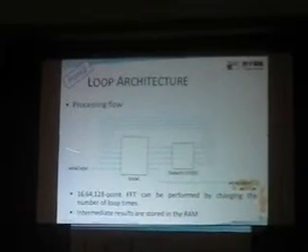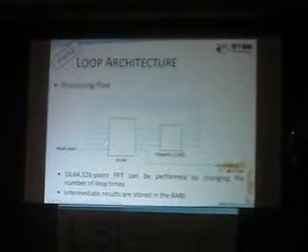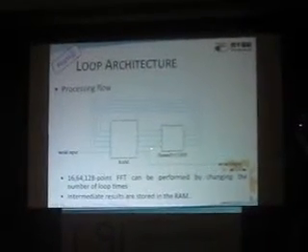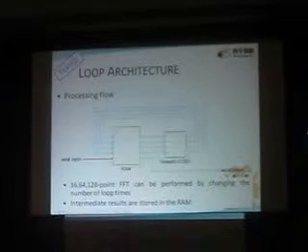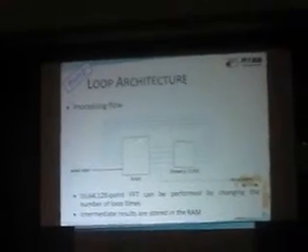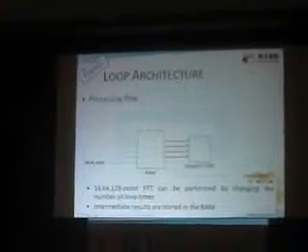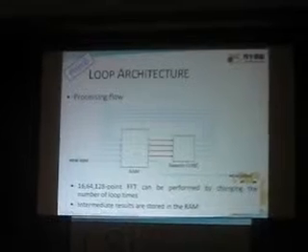Okay, this figure shows the process flow of serial input and serial output FFT. Firstly, the input data is stored in the RAM, and then they are sent to the butterfly core and calculated in it.